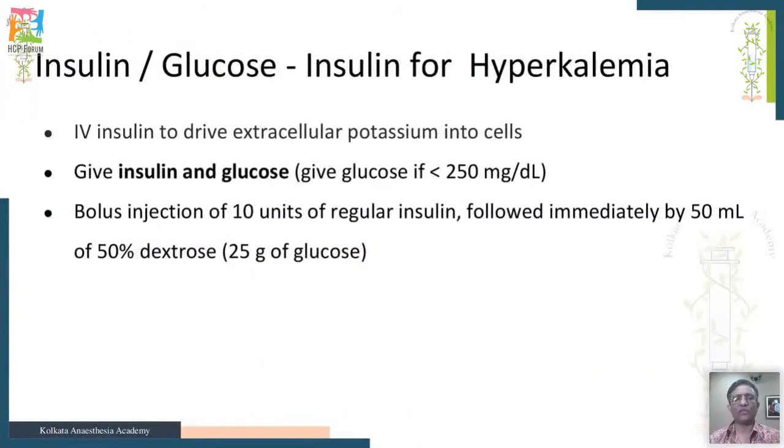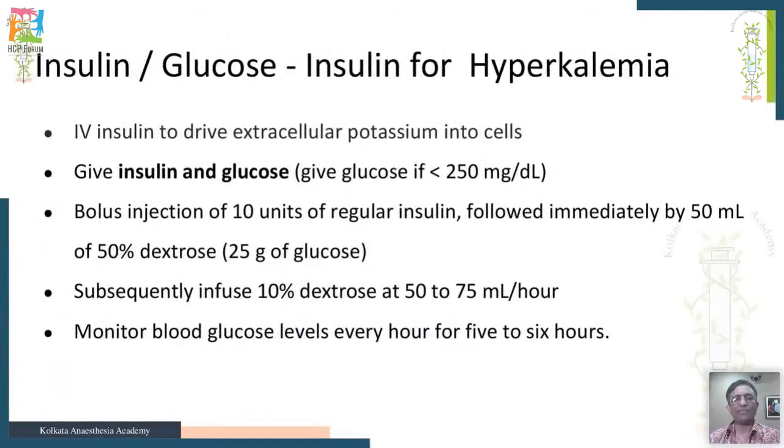And the usual protocol that most people follow is 10 units of a regular insulin bolus shot, followed by 50 ml of 50% dextrose, essentially 25 grams of glucose. Follow it up by a 10% dextrose at 50 to 75 ml per hour. You will have to keep monitoring the blood glucose levels. That is absolutely essential.